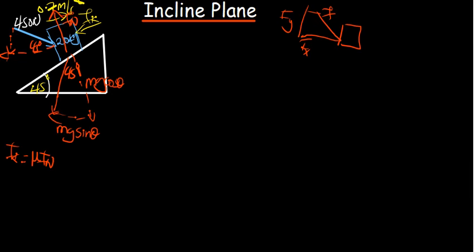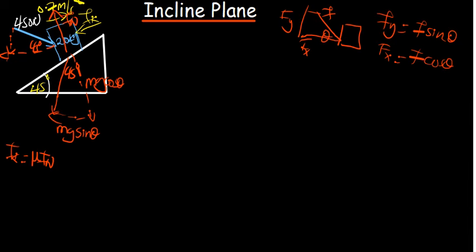What if I want to calculate the Fx? Here I've got theta. So the opposite over hypotenuse, that is sine, right? So if I want to find Fy, Fy is going to be F sine theta. If I want to calculate Fx, it is going to be F cos theta.